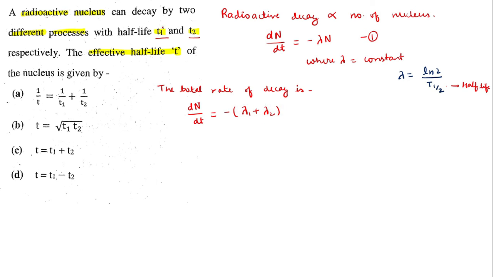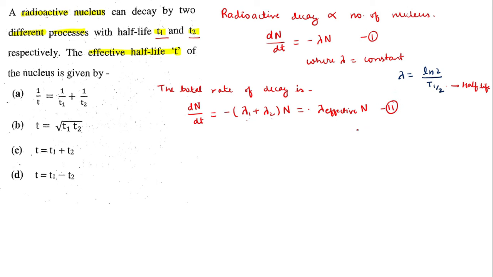For T1 and for T2 we will use lambda 1 and lambda 2, into N. Now lambda 1 plus lambda 2 is written as lambda effective into N. This is equation number 2.